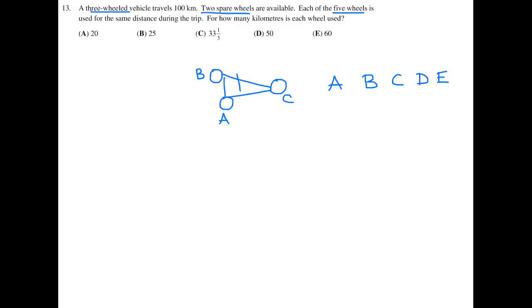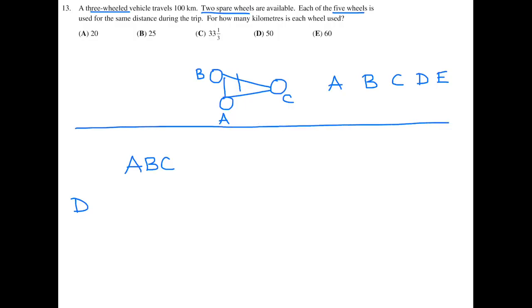So now let's start off the journey with these 3, A, B, and C. These are the 3 wheels that are on the journey. And we go a certain distance, and I'll put distance here. Now we don't know how many kilometers we're going initially, so we'll leave that blank for now.